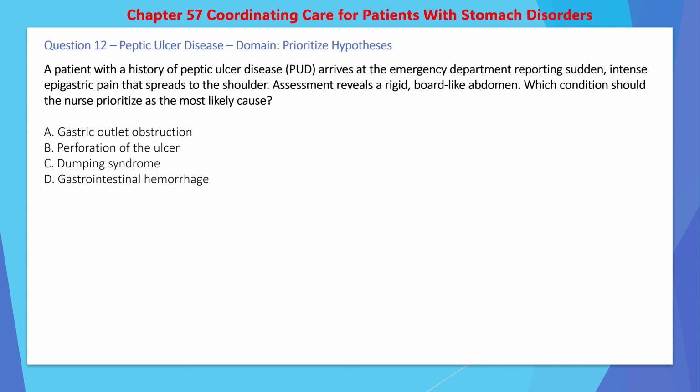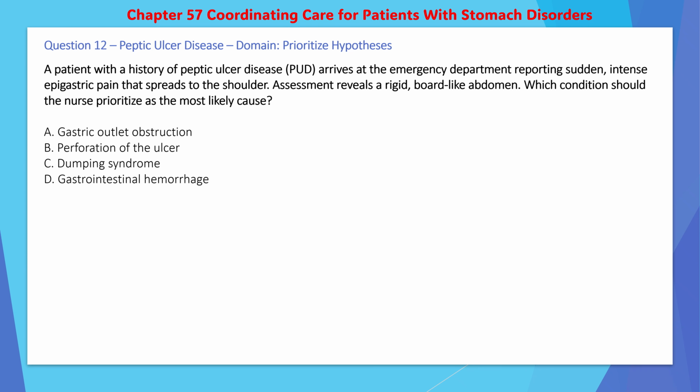Question 12, peptic ulcer disease. Prioritize hypotheses. A patient with a history of peptic ulcer disease arrives at the emergency department reporting sudden, intense epigastric pain that spreads to the shoulder. Assessment reveals a rigid, board-like abdomen.